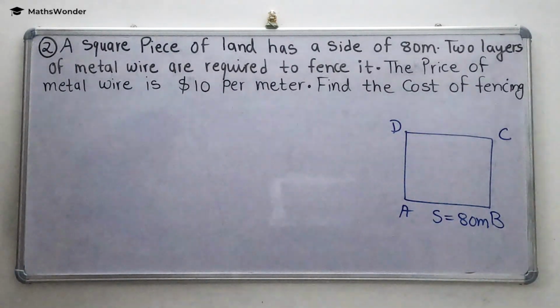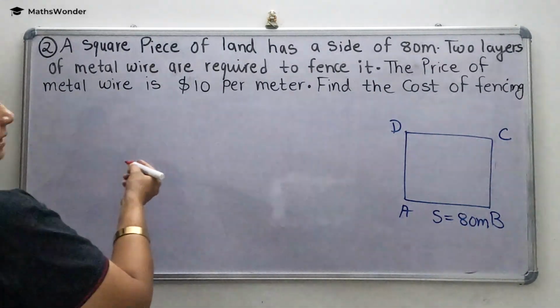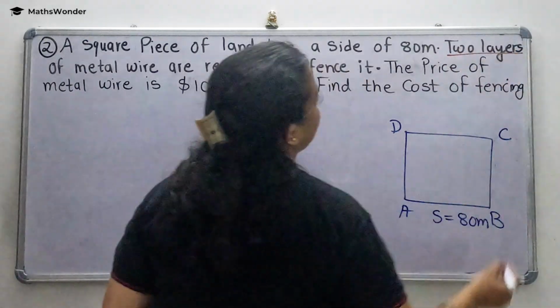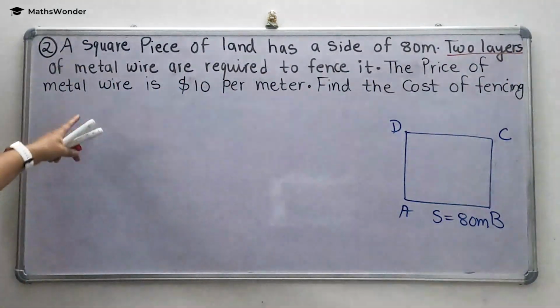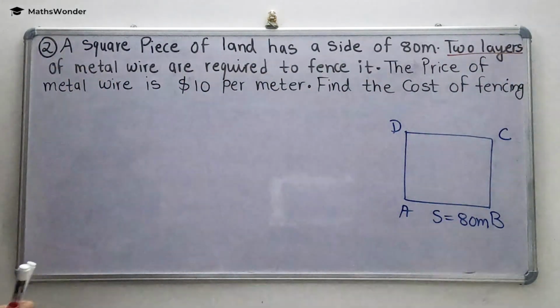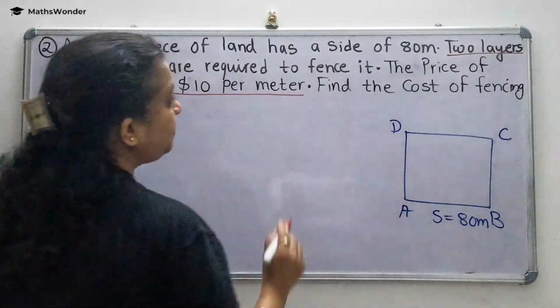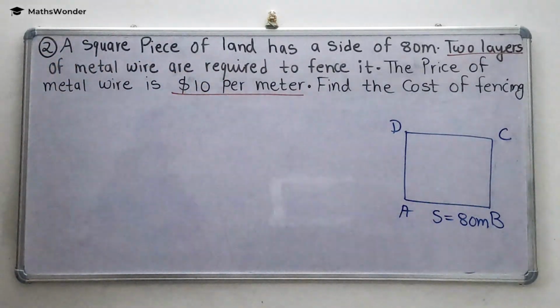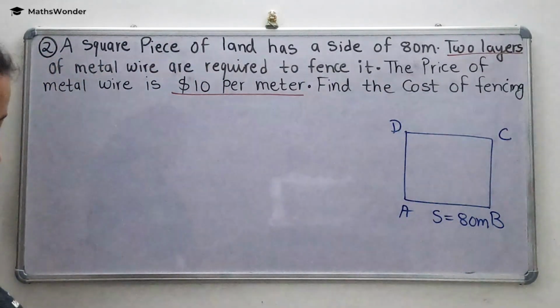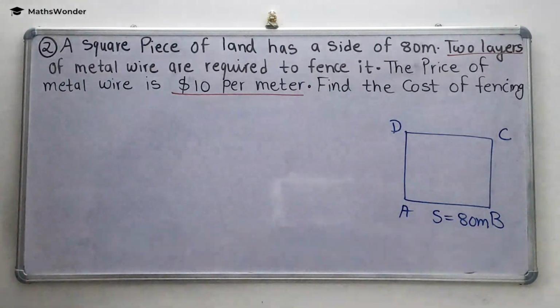Very important, whenever we have a keyword, always highlight it. The price of the metal wire is $10 per meter. Per meter means 1 meter. So you have to find the cost of total fencing. How will you find it?